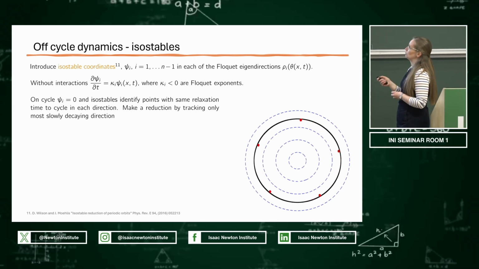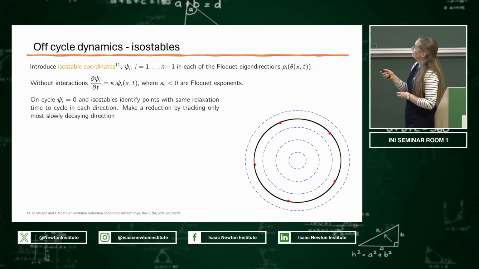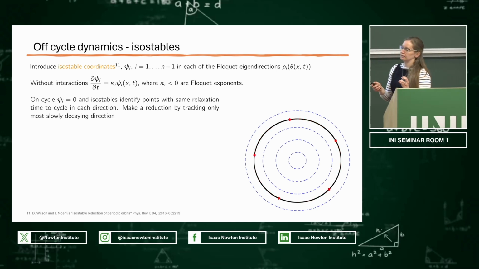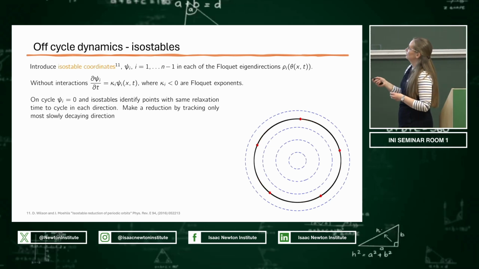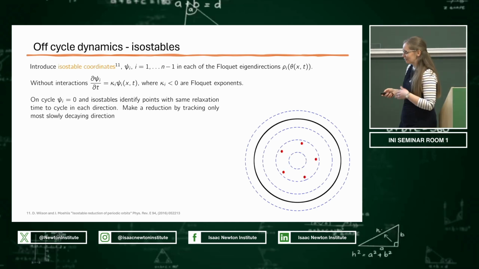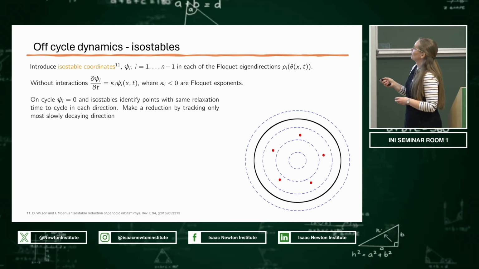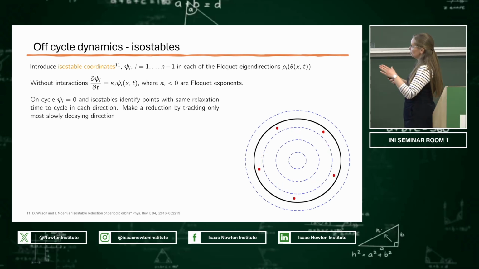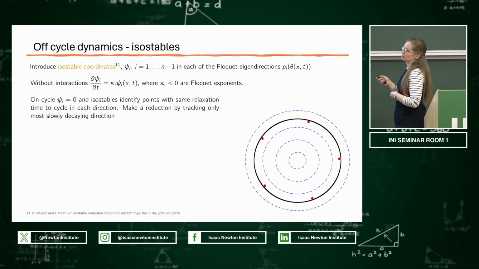Okay, so these isostable coordinates, which are called psi, you've got one of those in each of your Floquet directions. So we've got decay in those directions related to the corresponding Floquet exponent. We've got this exponential decay because we're assuming that the limit cycle is stable.